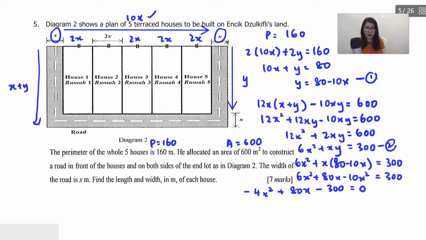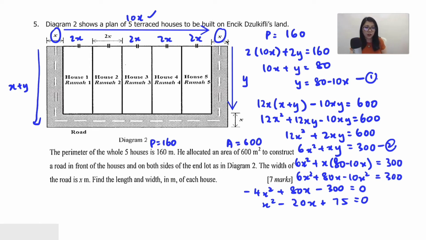Then all the terms can be divided by negative 4. Dividing by negative 4, we get x squared minus 20x, because 80 divided by 4 is 20, and then 300 divided by negative 4 is positive 75. Then we see whether we can factorize this.